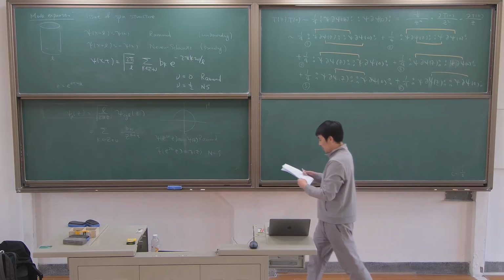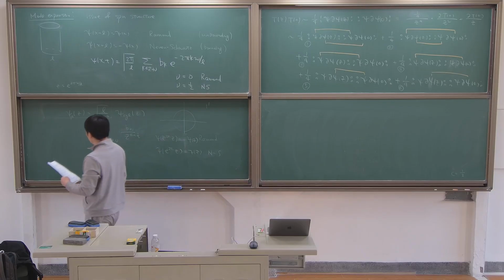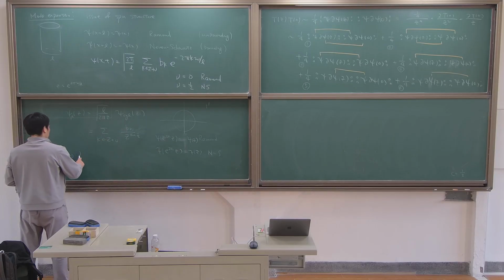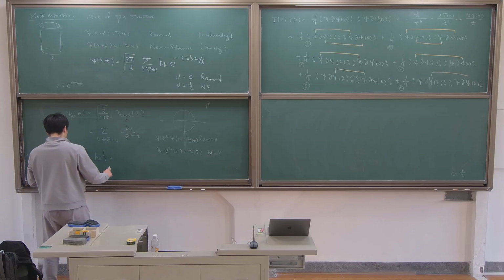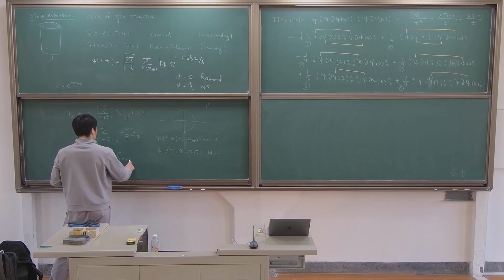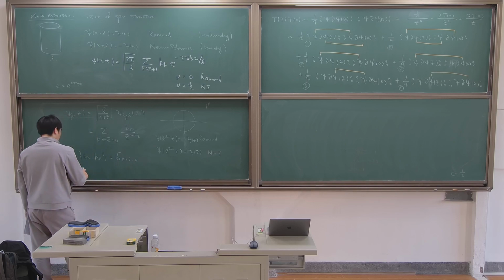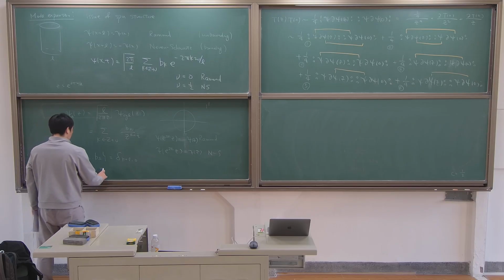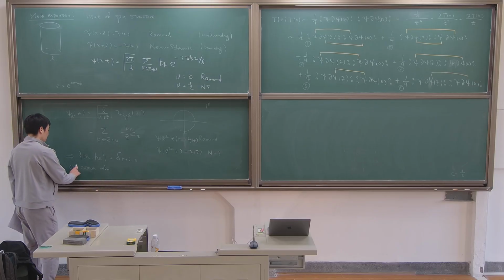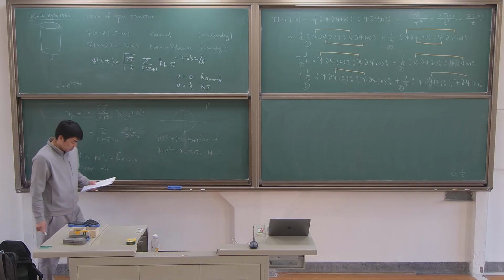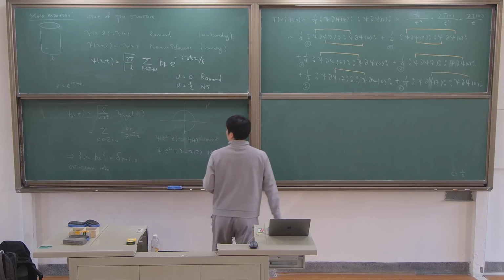And then canonical quantization will induce the following commutation relation: B_k and B_l is equal to delta k plus l. So this is the anti-commutation relation.